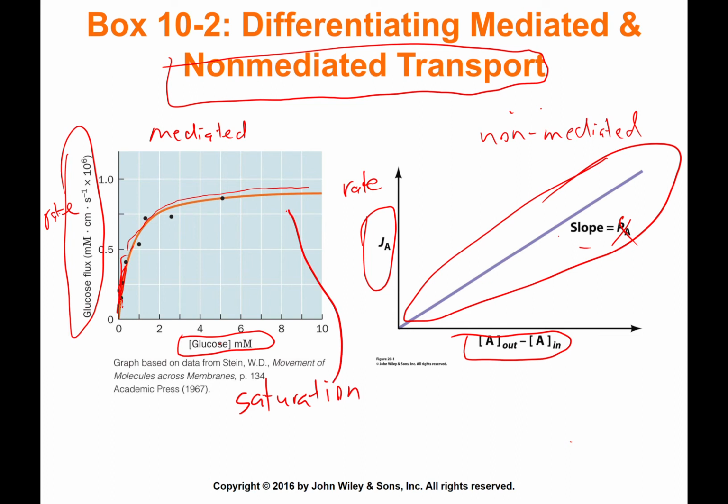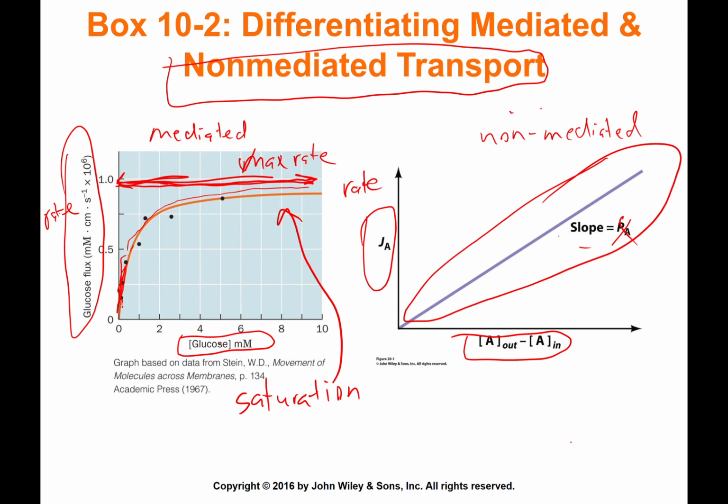So we have saturation. We would also say that this point up here, this value, is the maximal rate. So the Y value right about there, that's the maximal rate. If we went to infinite glucose concentration, we would be able to achieve this rate. Those are just 2 ideas I want to get across to you.